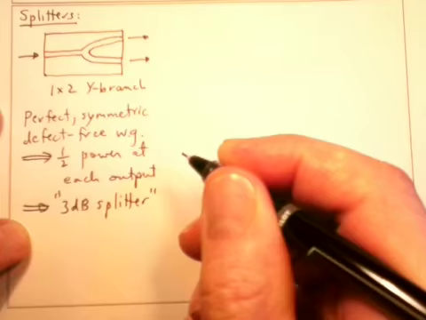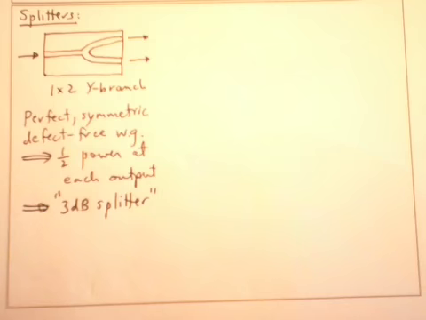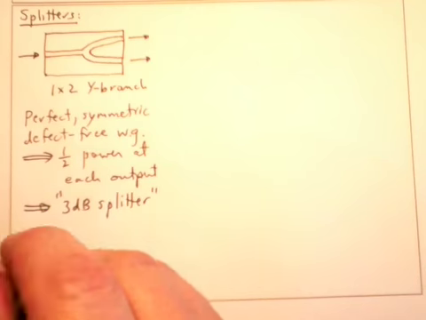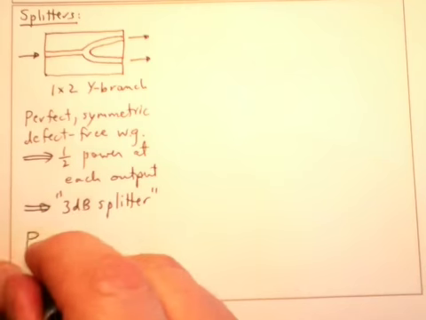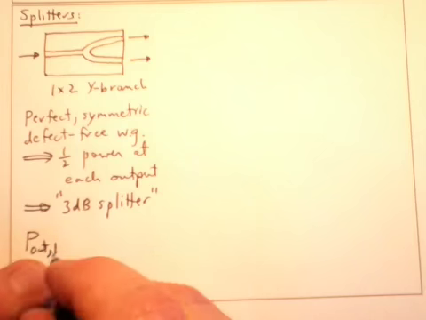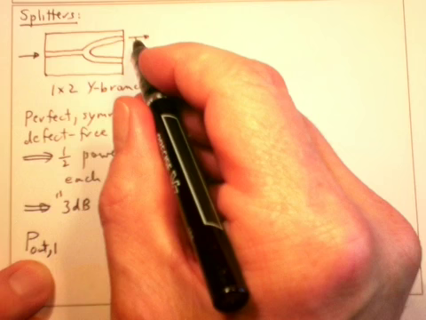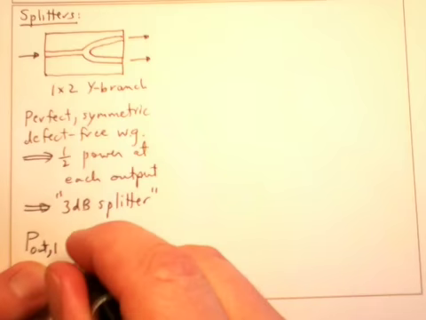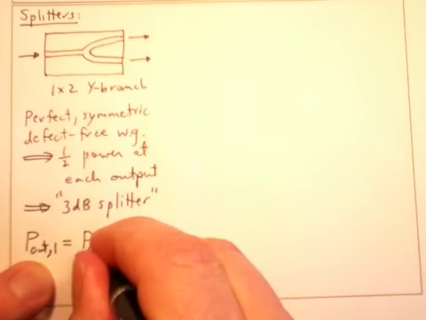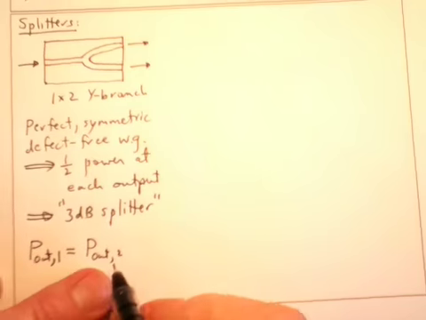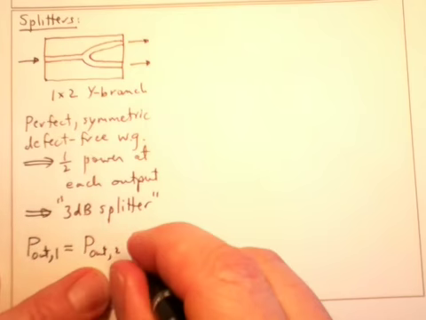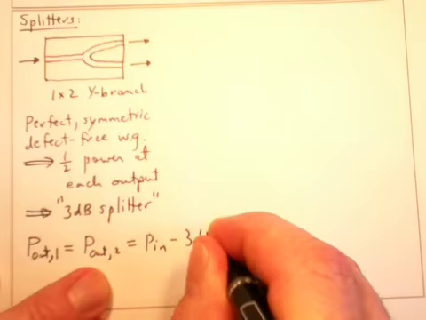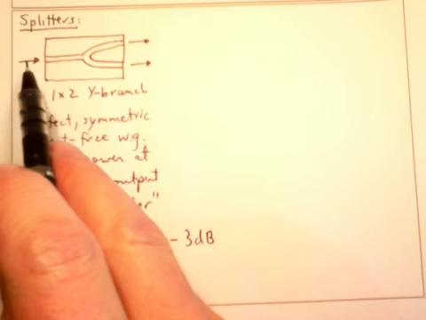Okay? And we could write that P out, the output power at output number 1, is equal to the P out at output number 2, and that's equal to P in minus 3 dB, where P in is over here on the left side.